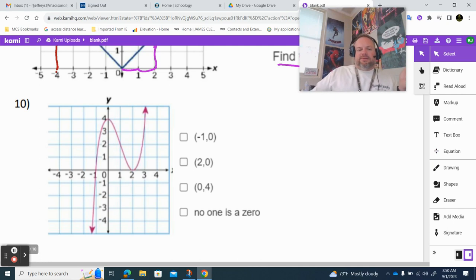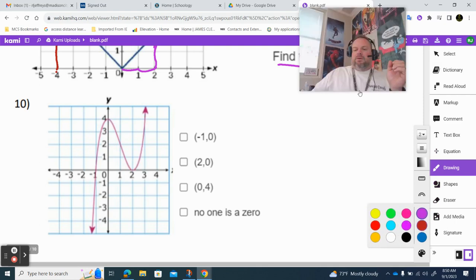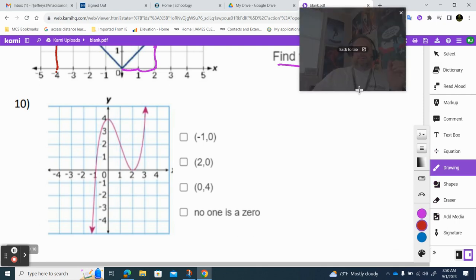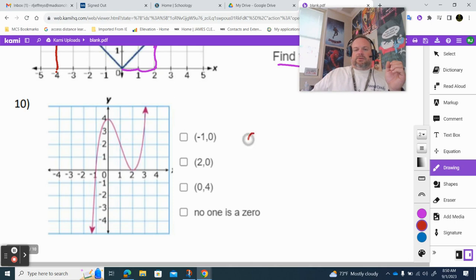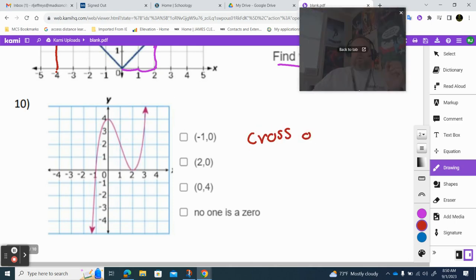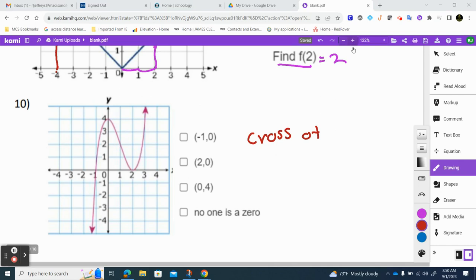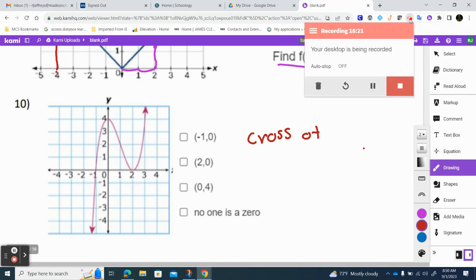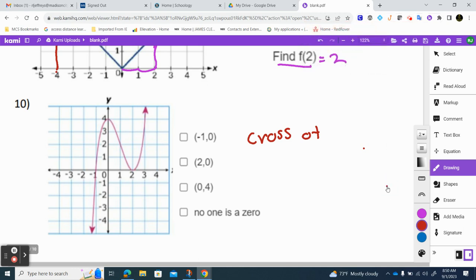This is asking for the zeros. Okay, remember, what are the zeros? Where they cross or touch the x-axis. Okay.